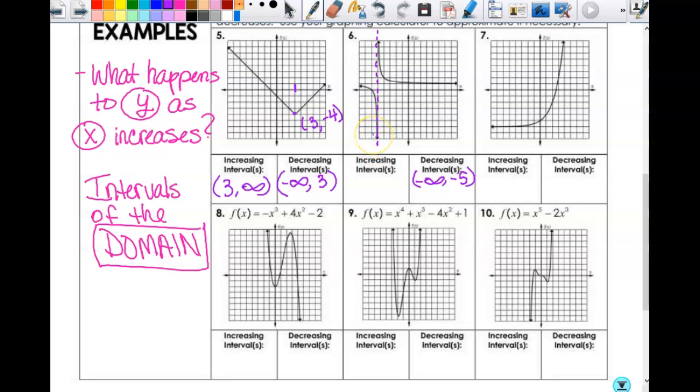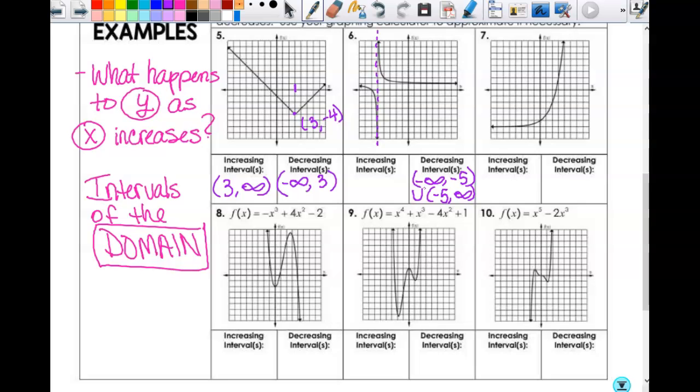From really, really small to really, really big, but that's from negative 5 to infinity. Because our two intervals, I put a union when you have one. Okay, that's a good question.